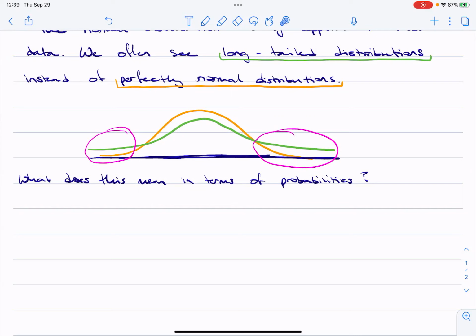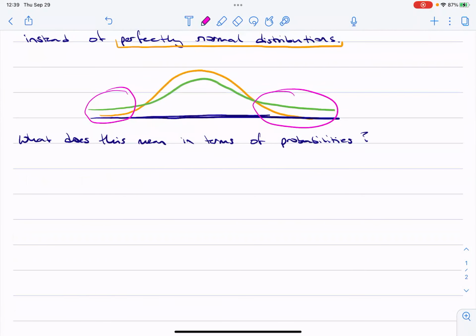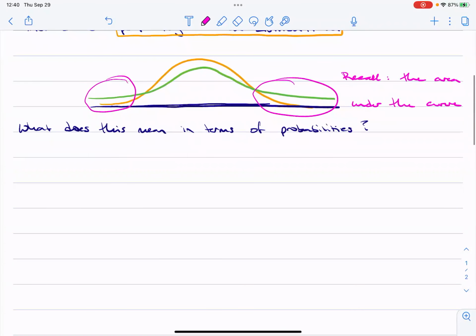So we need some way to work around that. But first, recall the area under the curve is a probability.